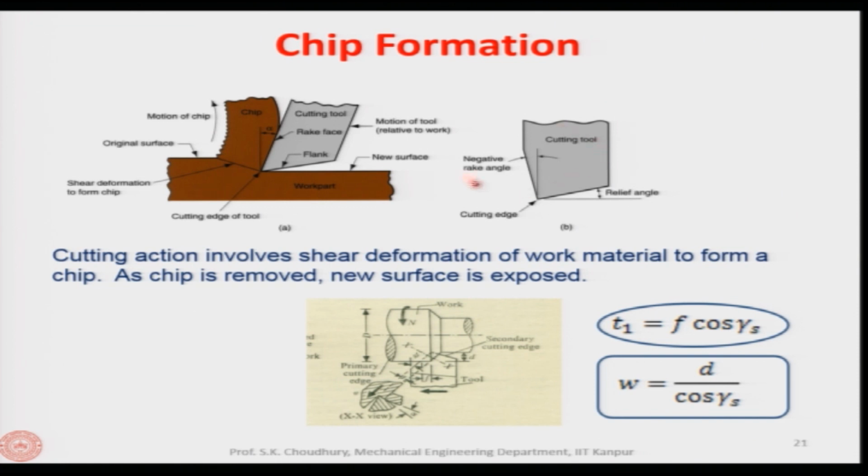If you see the cutting tool, there are different kinds of cutting tools with different rake angles, that means different inclination of the rake face with respect to the line perpendicular to the cutting velocity vector, and depending on that you will have the positive rake angle, zero rake angle or the negative rake angle.